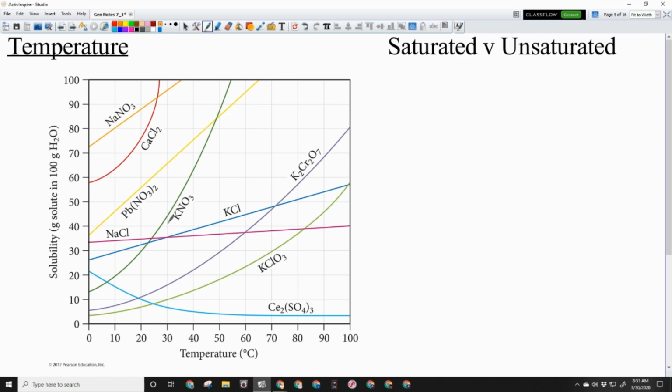So this graph right here kind of relates to the coronavirus graph of people getting infected. What we want is to flatten out this curve of these people that need hospitalization and hospital care like ventilators. We want it to look like sodium chloride, where at this point in time, it's this many people that need to be in the hospital. And at this point in time, it's ever so slightly just a few more people.